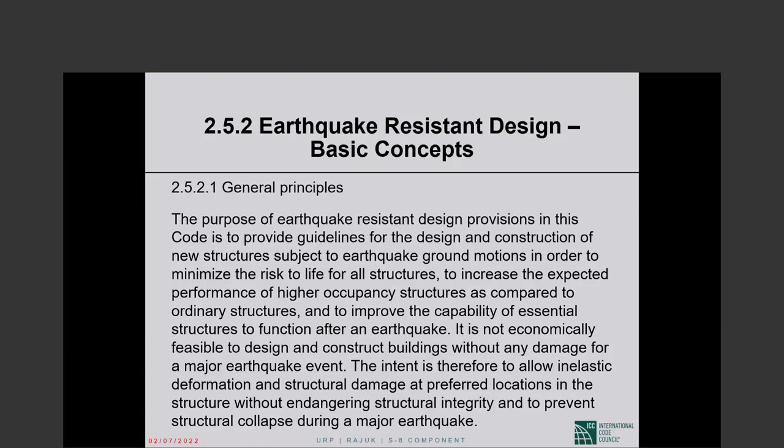Higher occupancy structures would be like hospitals or police stations and things like that, and to improve the capability of essential structures to function after an earthquake. So quite a bit is said here.